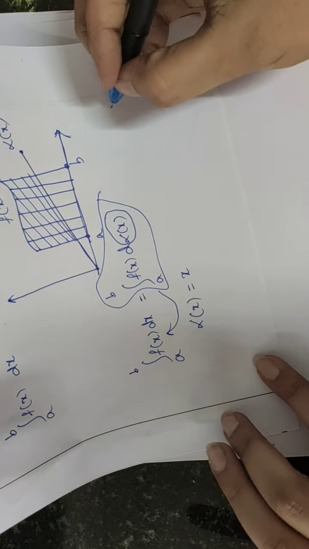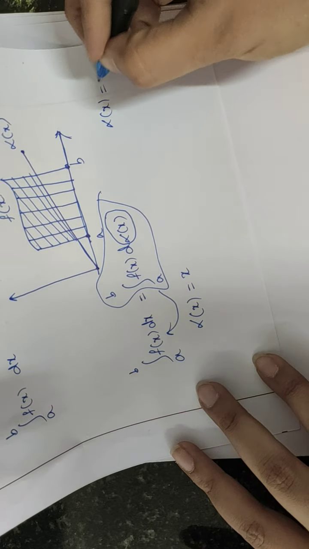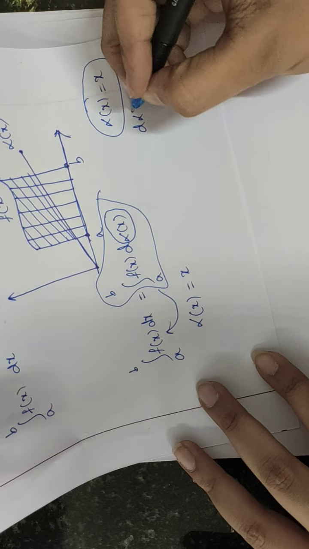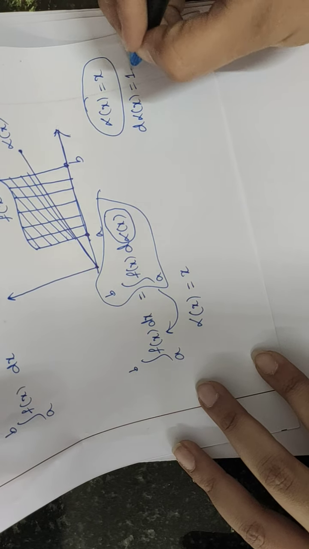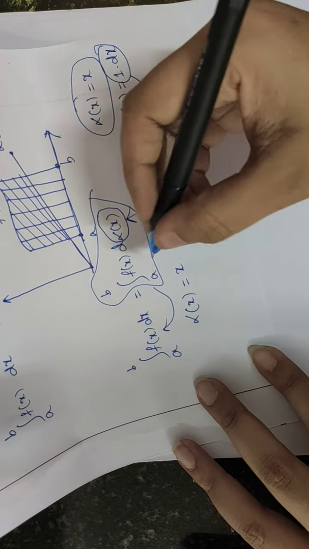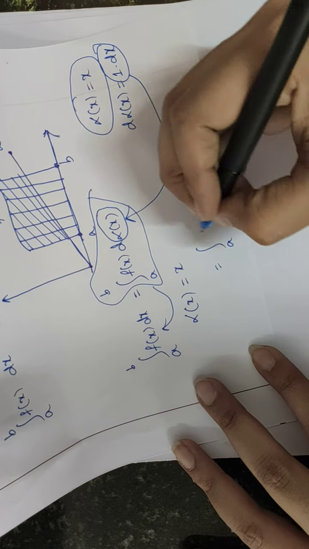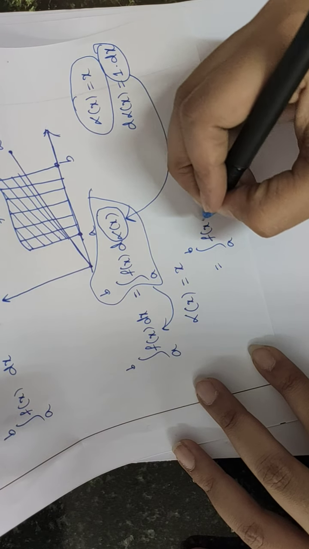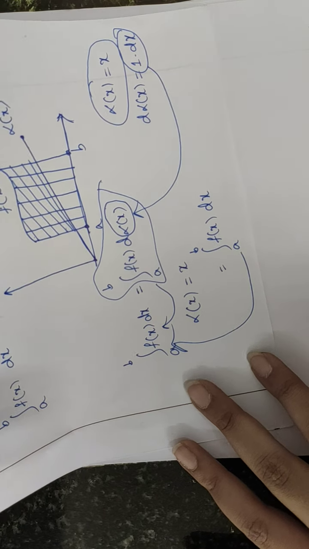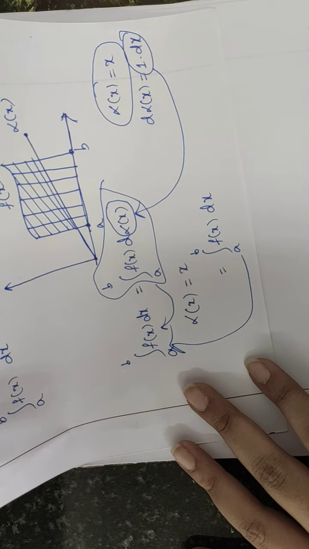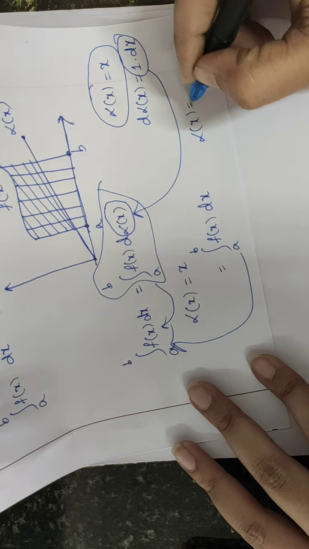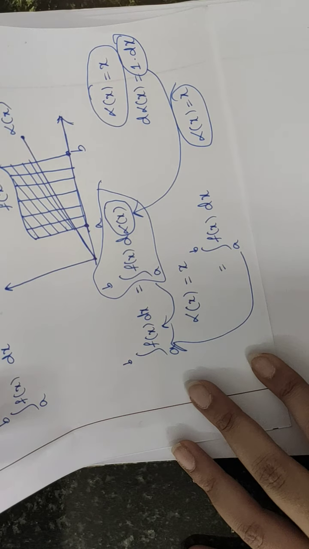How? Because if alpha of x is equal to x, if I differentiate alpha x, you will be getting d alpha of x is equal to 1 into dx. So substitute this in this integral, you will be getting integral over a to b f of x dx, which is nothing but your Riemann integral. So your Riemann-Stieltjes integral reduces to Riemann integral if alpha of x is equal to x.